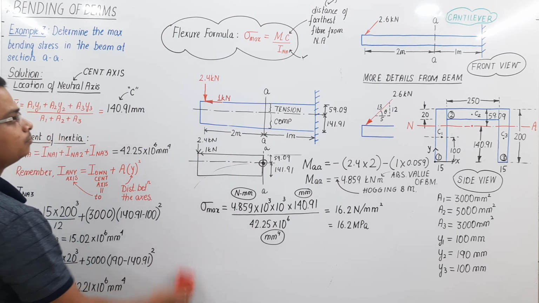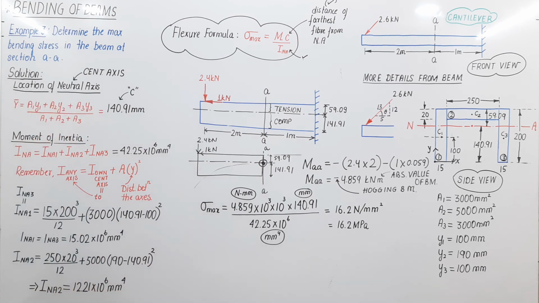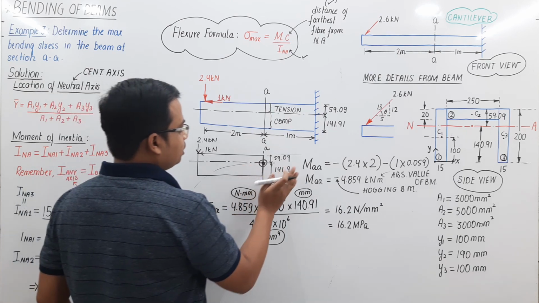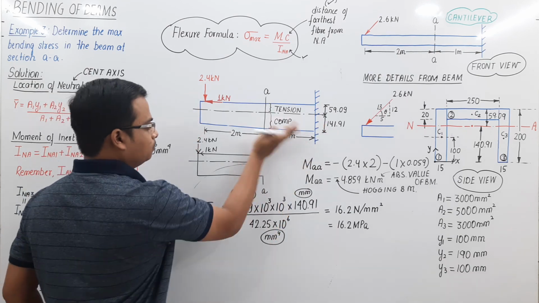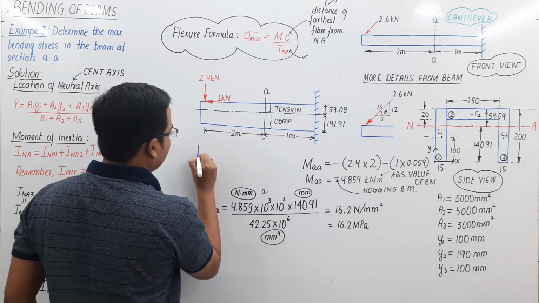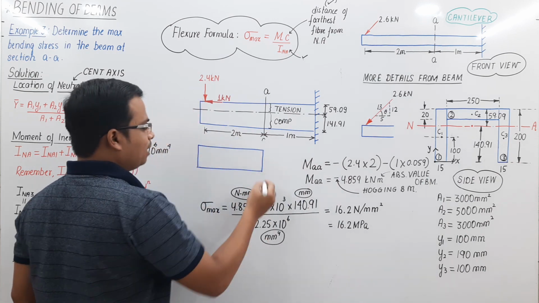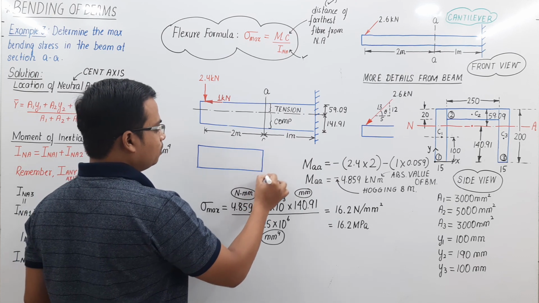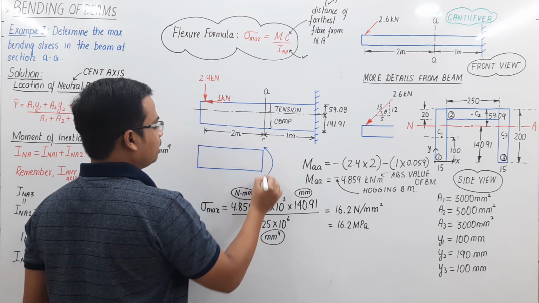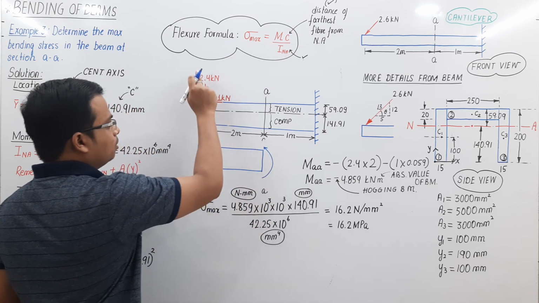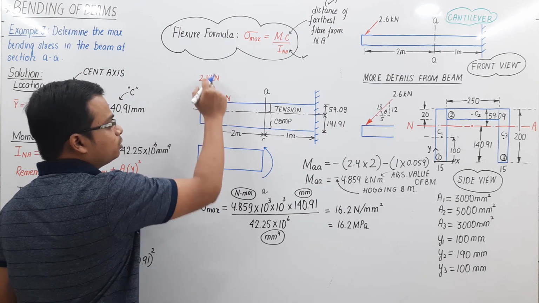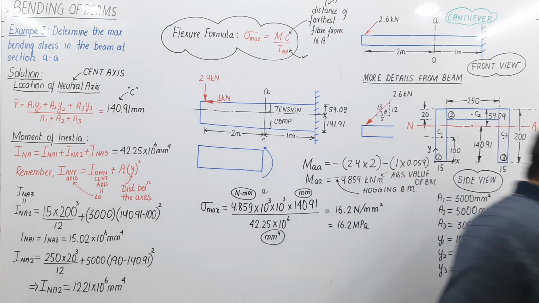Now what? Just think about this. At this very cross section, what are we calculating? We know what the bending moment is. So the bending moment, let's say it's in this manner. There are two kinds of forces acting, two external forces. One is this, because of which there is going to be some kind of shear force also.